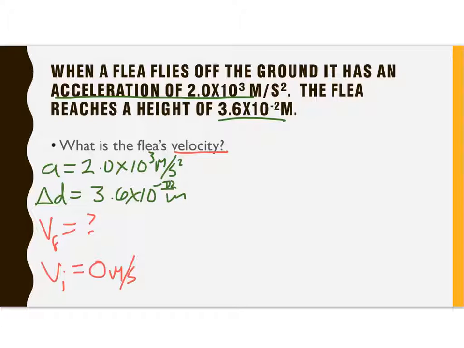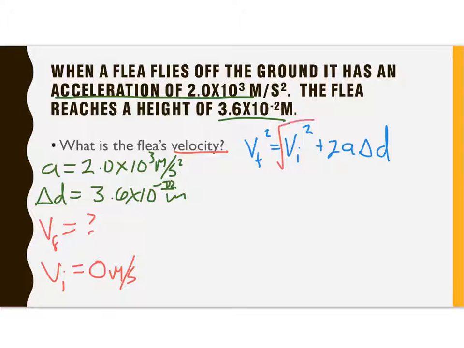So if I don't know time, there's only one equation I can use: Vf squared equals Vi squared plus 2a delta d. Now I would like to solve this equation for Vf, which is very simple because I have Vf on the left already, but it's squared.